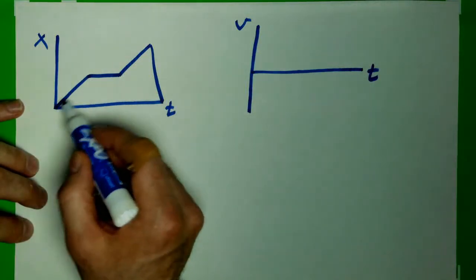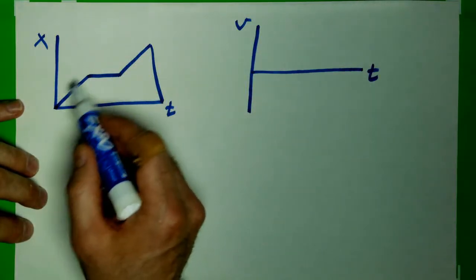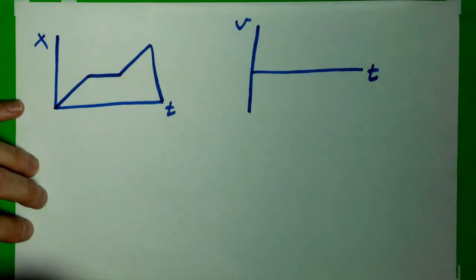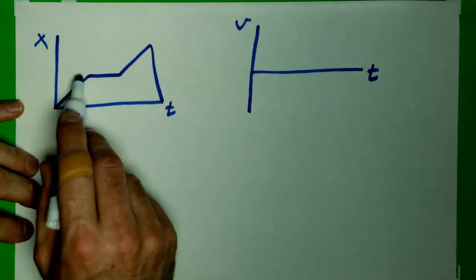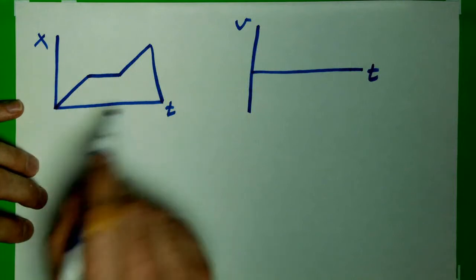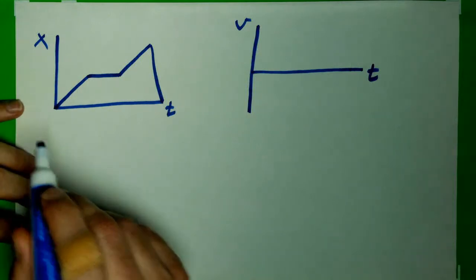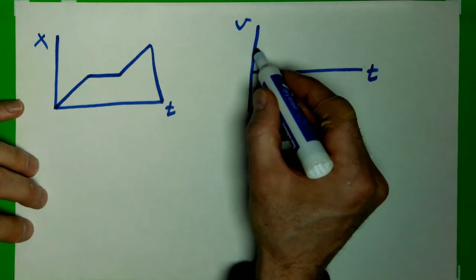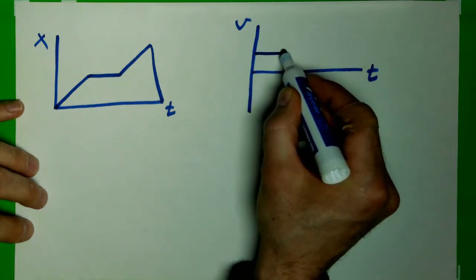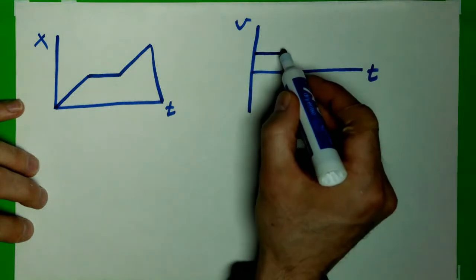First of all, this length right here is constant, it's uniform motion, so we should expect a constant value on our velocity graph. It is rising, it's positive x versus time, which means I should have a positive value on my velocity. So for the first time interval, I can have some positive value there.